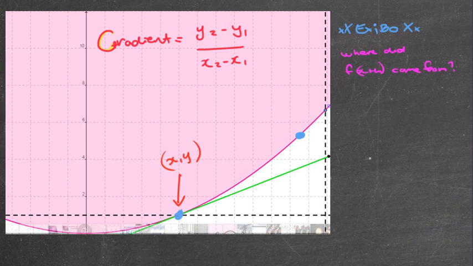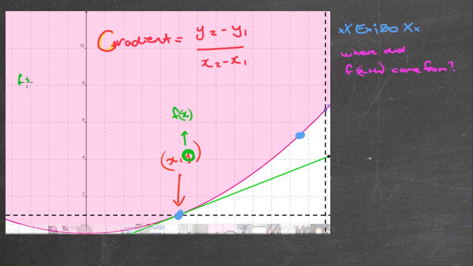Now, when we start to work into our harder maths, instead of using this y, we often interchange that with f of x, which means the function of x. It means the same thing as y. However, we use f of x instead of y, where the x is what we're substituting into the actual function.